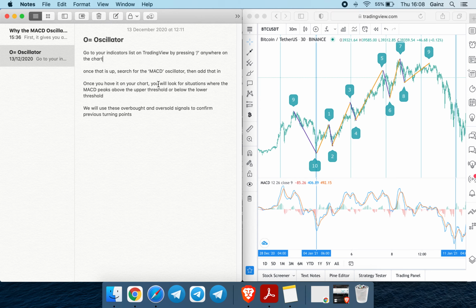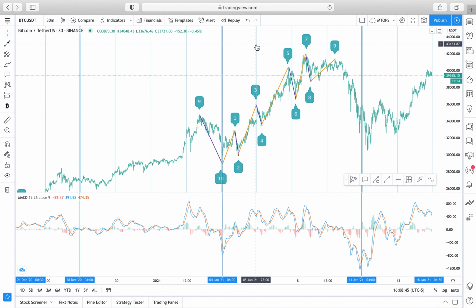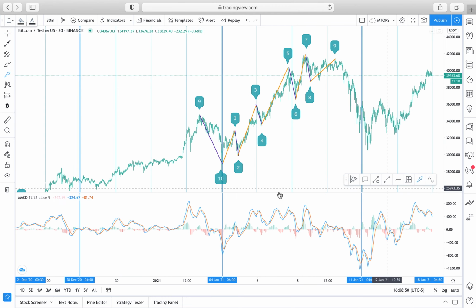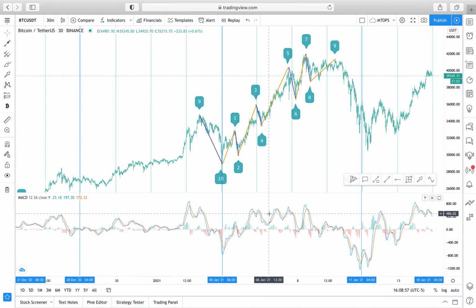Once you have it in your chart, you will look for situations where the MACD peaks above the upper threshold or below the threshold. We will use the overbought and oversold signals to confirm previous trading points. So if you're new to trading, then what I'm saying about the oversold and overbought will be the tips of the tops and the tips of the bottoms on the oscillator.